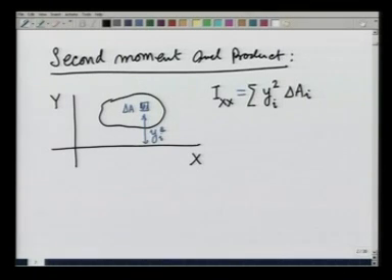This is the second moment of this area with respect to the x axis, and this obviously goes to the integral y square dA.